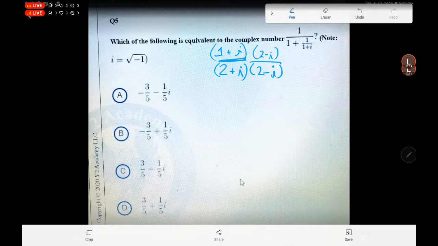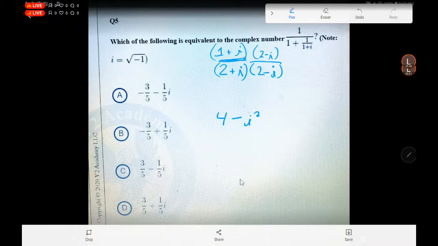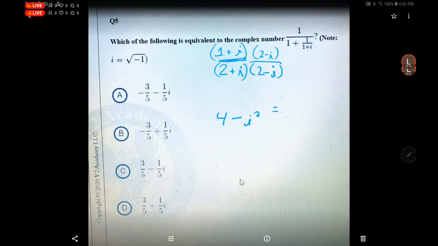If you FOIL that out, the outside term and the inside term always cancel out. We're just left with the first term squared, which is 4, minus the last term squared, which is i squared. i squared is negative 1, so 4 minus negative 1 is actually 5. So the denominator is 5.